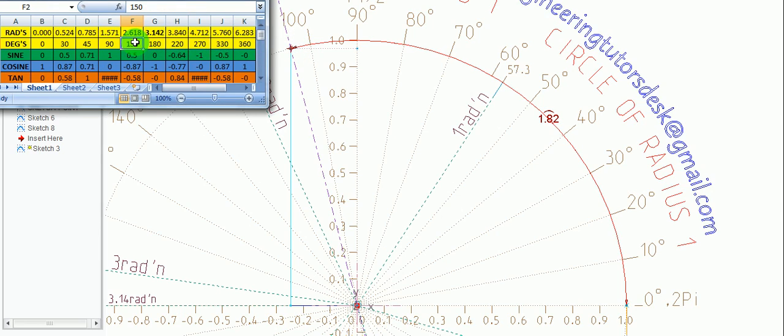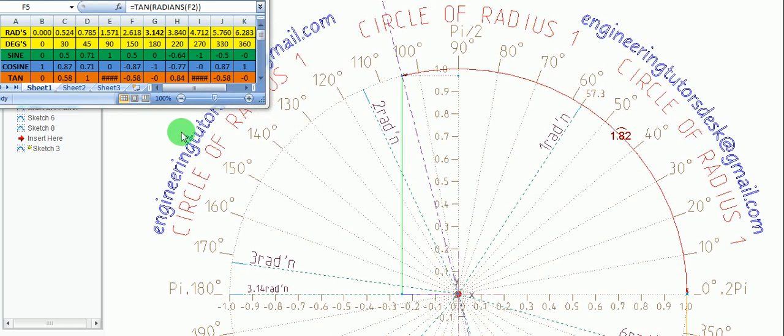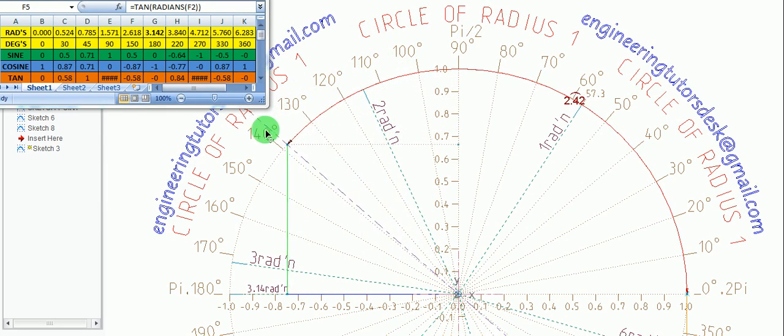At 150 degrees, the sine measures 0.5, cosine measures minus 0.87, and tan measures minus 0.58, which means when we locate 150 degrees, the measured height of the sine is 0.5.